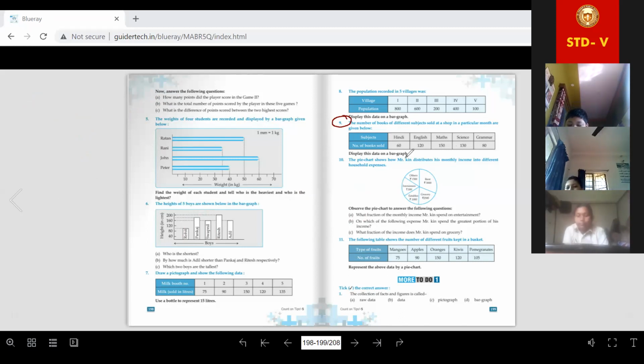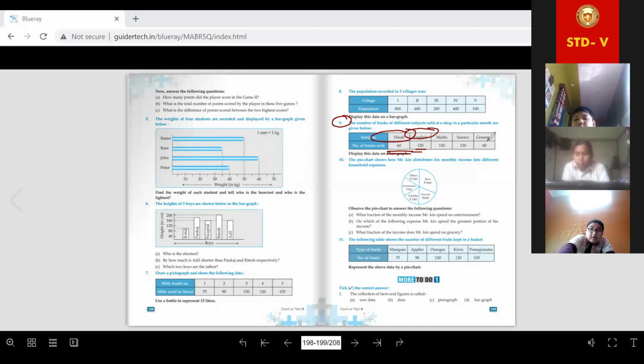Hindi books: how many sold in a particular month? 60. English books: 120. Science: 150. Grammar: 130. And 80. You have to represent this with the help of bars.